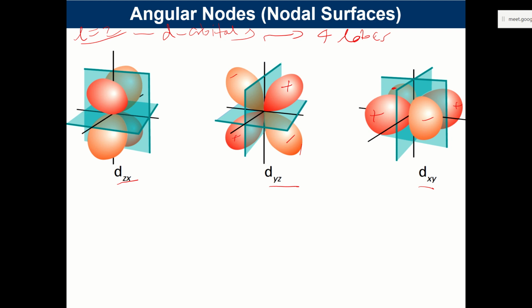So dxz, dyz, dxy. How do we draw this? अगर xyz हमने coordinates define किया हुआ है, then the electron density, the lobes are pointing along the z and x. Okay, so it is in between the axis, not along the axis.